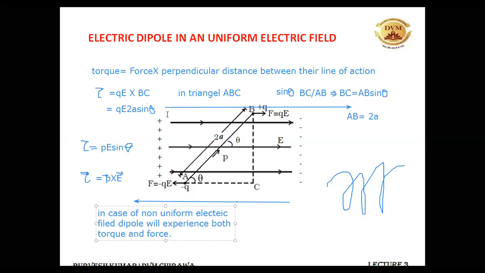Okay, so in case of non-uniform electric field, the dipole will experience a torque as well as a force. Because of the torque, it will move in a circular path, and because of the force, it will move forward. That's why it will have a helical path, like this.